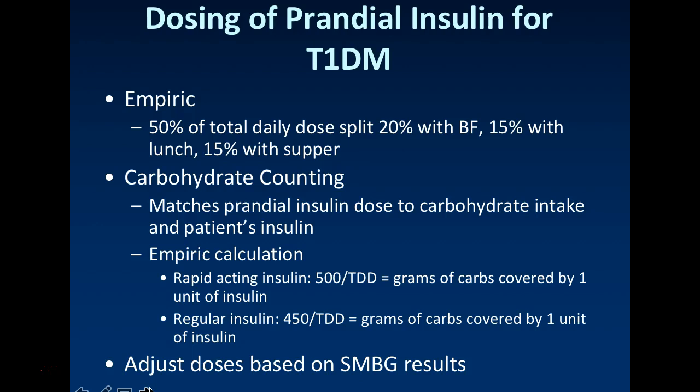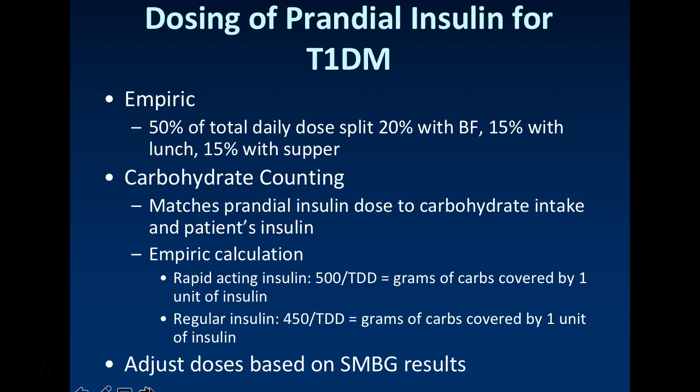So empirically, you're going to do 50% of your daily dose split with breakfast, 15% with lunch, 15% with supper, and then titrate as necessary. And then you also want to make sure that the patient is counting their carbs. Oftentimes at diagnosis, many patients will really carb restrict to minimize the effect of food on blood sugars.